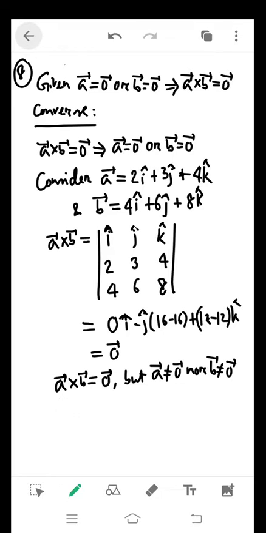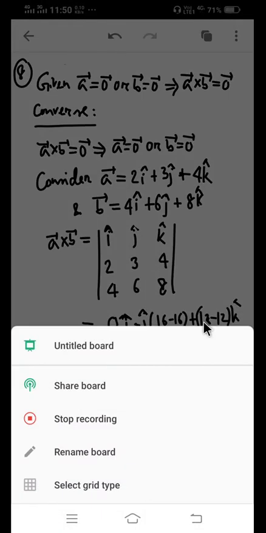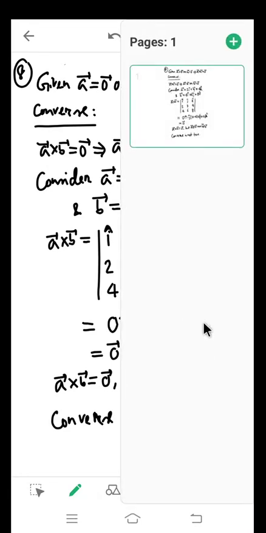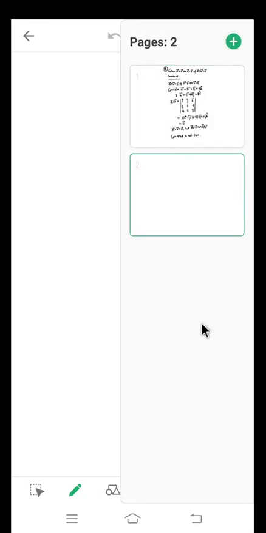So that proves that the converse is not true. So this is question 8. Then I'll go for the next question.